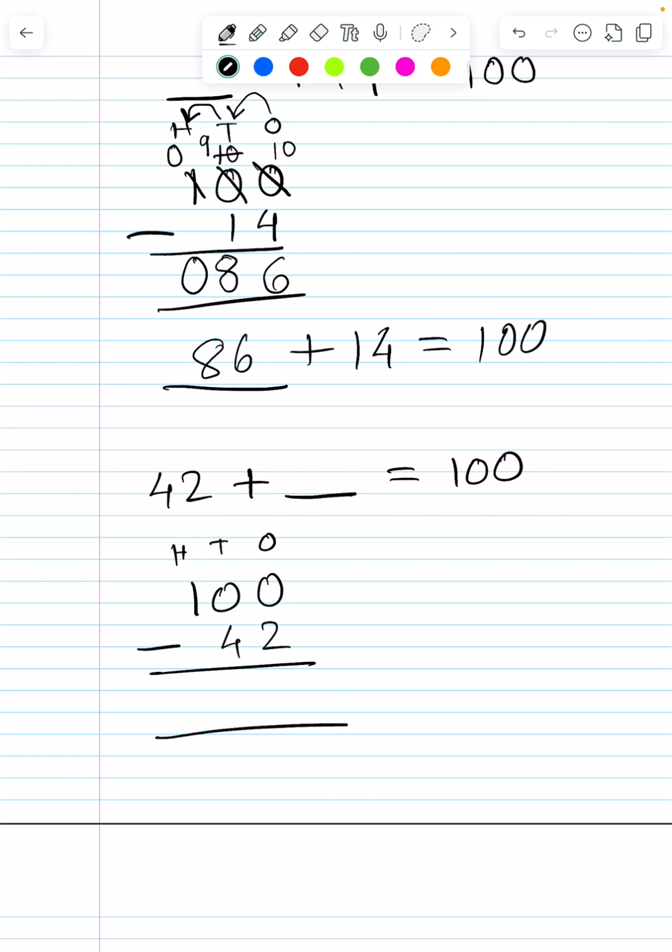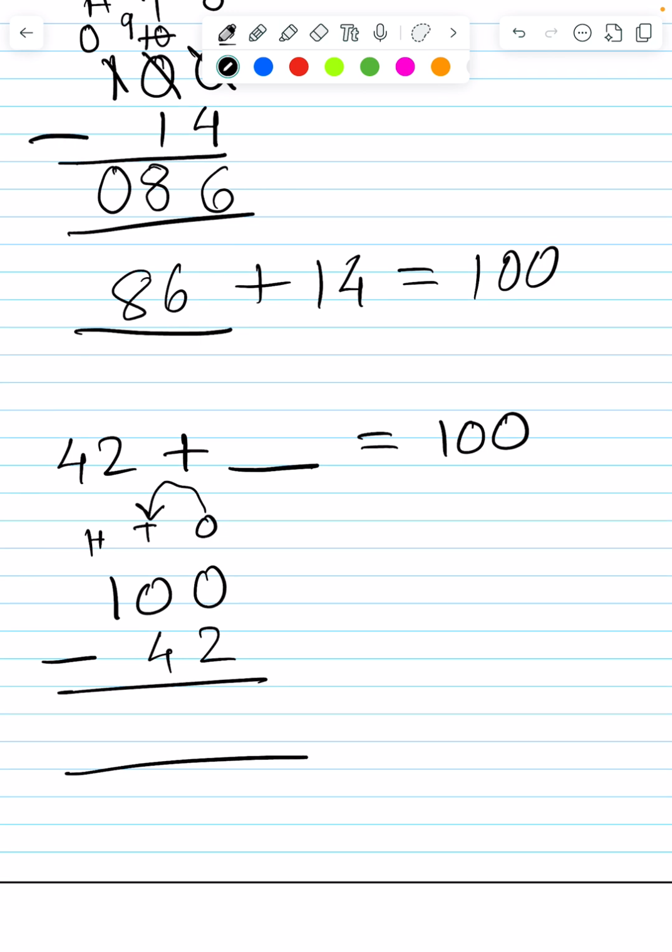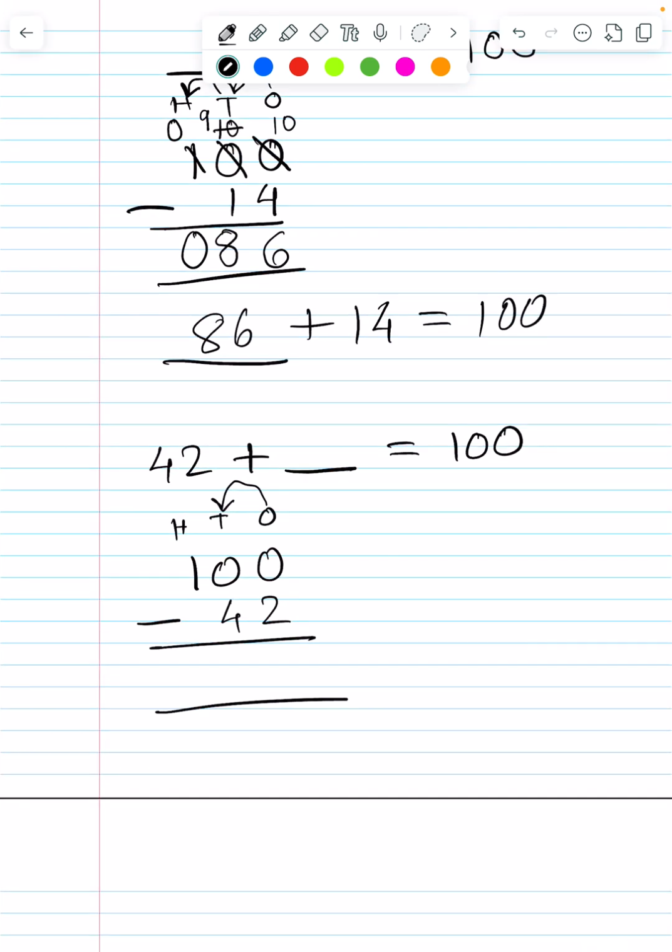So ones column will ask tens column, "Hello tens column, can I please borrow a 10?" Tens column says, "I'm sorry, I have 0. Let me ask my neighbor." Tens column goes to hundreds column's house and knocks on the door and says, "Hello hundreds column, can I please borrow 100?" Hundreds column says, "Yes."